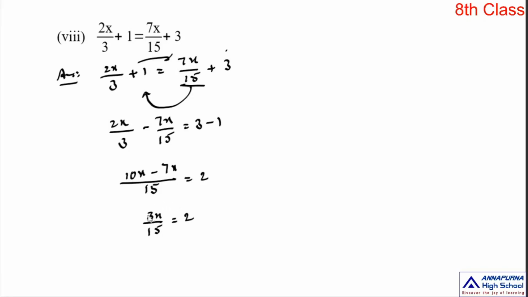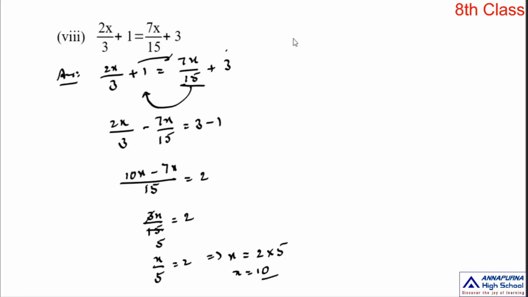And when you simplify the left side part, 3 into 5 is 15, so 5 times. Then x by 5 is equal to 2. And when you transpose this 5 to the right side, 5 is in the denominator, so when you transpose it to the right side, it multiplies. So x is equal to 2 into 5. So x is equal to 10. So this is the solution.